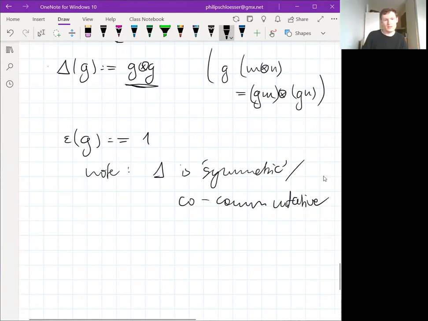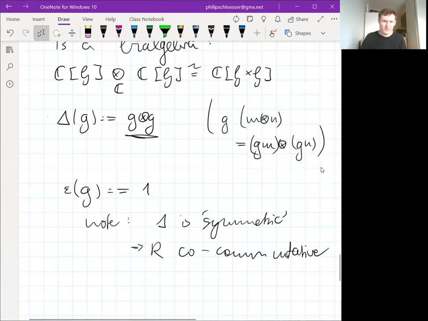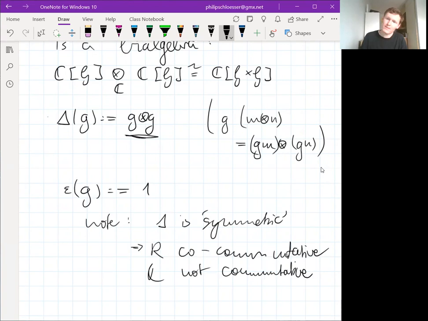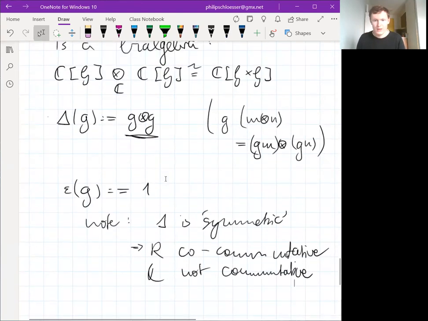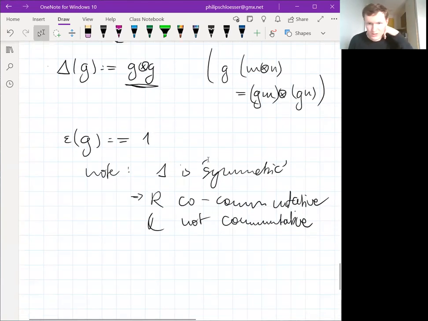Delta is symmetric, so I guess R is co-commutative, but note that it is in itself still very much not commutative. And if you wanted to, you could check the co-associativity and co-unit laws, but it essentially works.